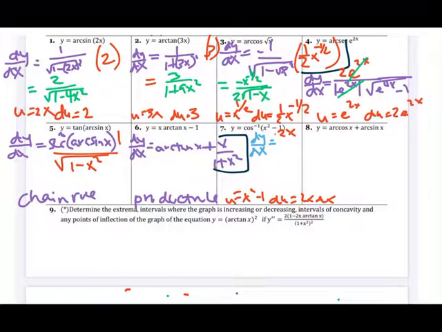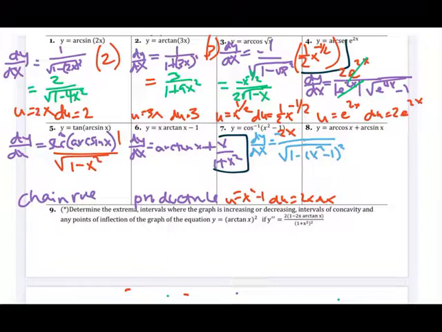According to arc cosine, it's going to be negative over the square root of 1 minus the quantity x squared minus 1 squared. And you could simplify that, you could make that negative 2x over the square root of what you get when you expand that out, but that just seems a little unnecessary right now. It's going to save us time and effort to just leave it like this, negative 2x over that radical.